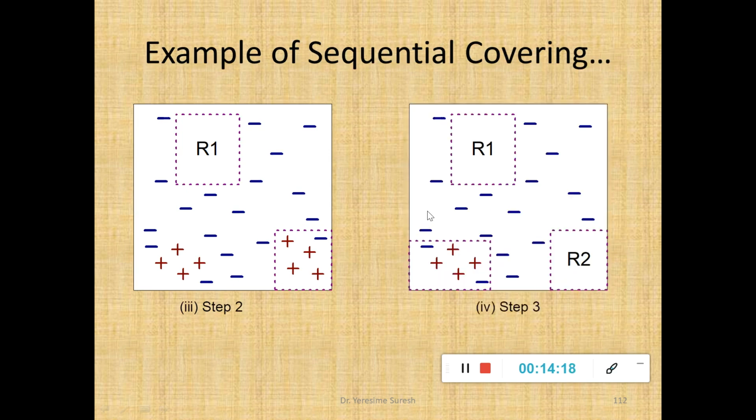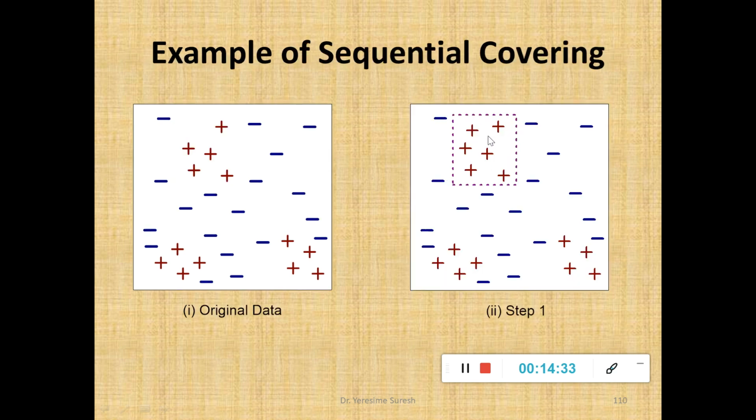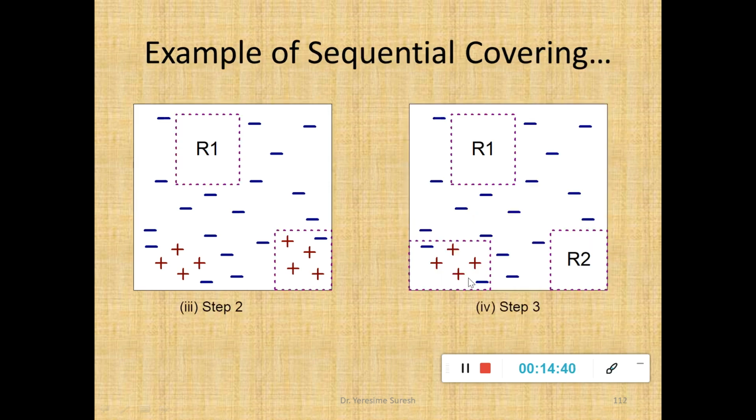This is your learn one rule function. A function which covers more number of positive instances and less number of negative instances. Even if it is 0, fine. So in the first case, I have covered only positive instances, no negative instances here. But in this case, I have covered 2 negative instances. So 0 or few negative instances.